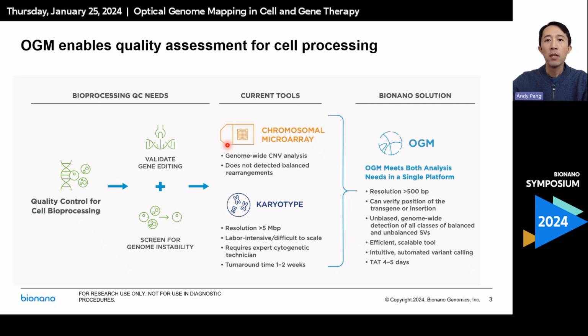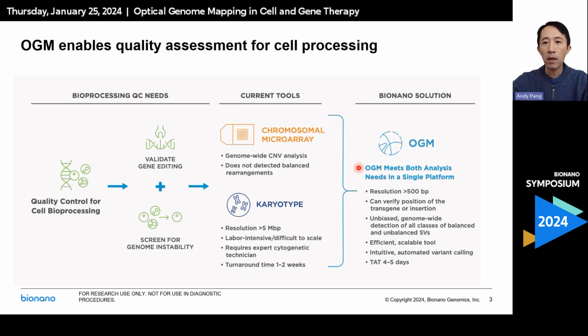But as we know, microarrays cannot detect balanced events. Users can also use karyotyping to look for large rearrangements, but with karyotyping, we are limited to only observing very large rearrangements. The technique is labor-intensive and difficult to scale, and it requires an expert cytogenetic technician to do the analysis.